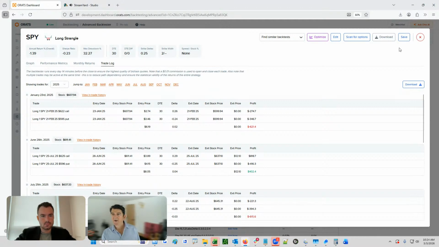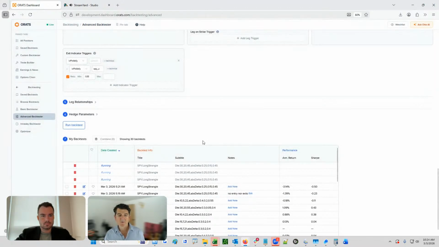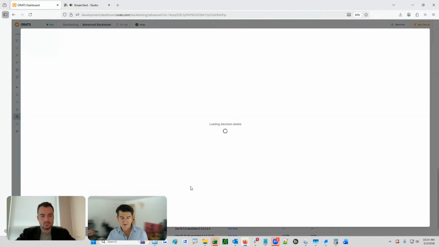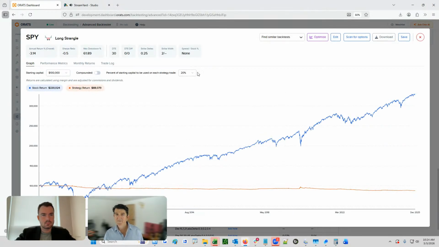So that's how a typical long strangle works. And now we've got another one, so we've got this one, and this is the one where we got in.